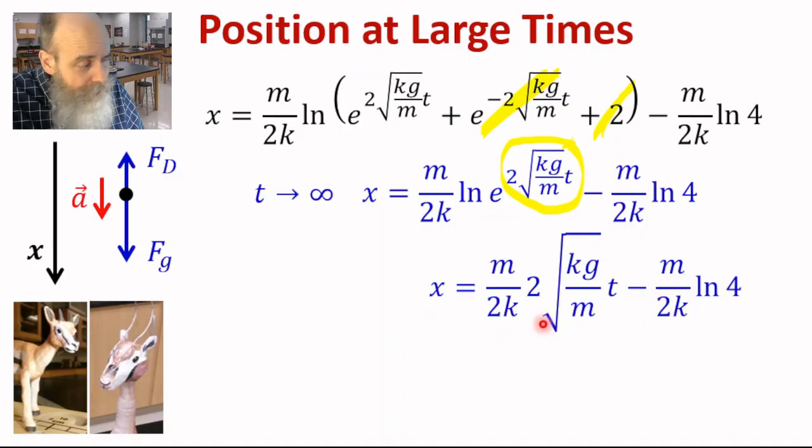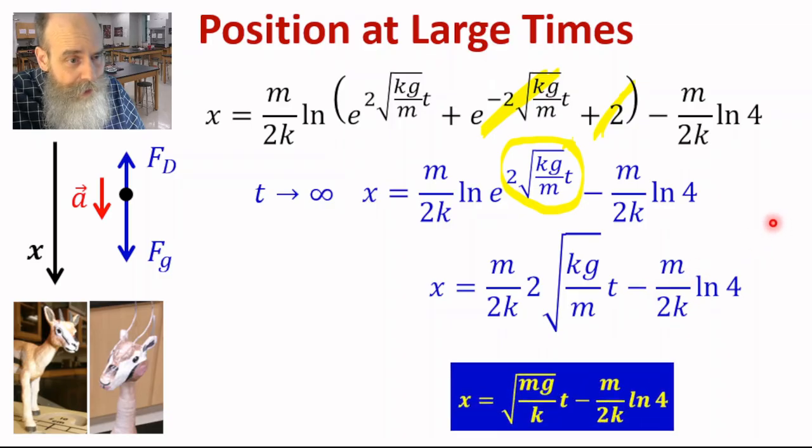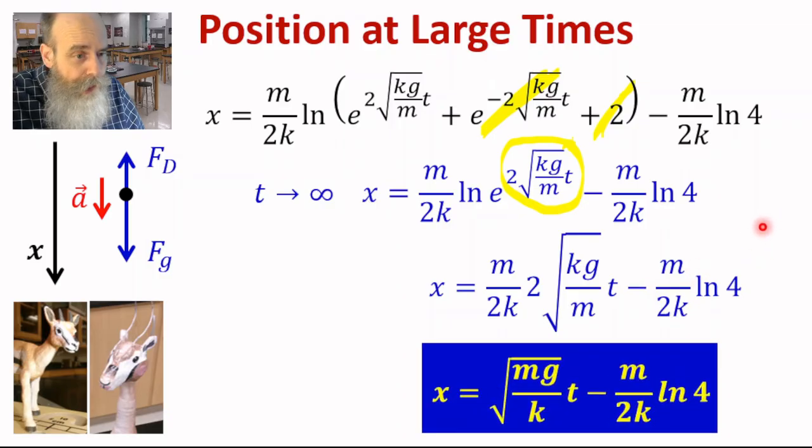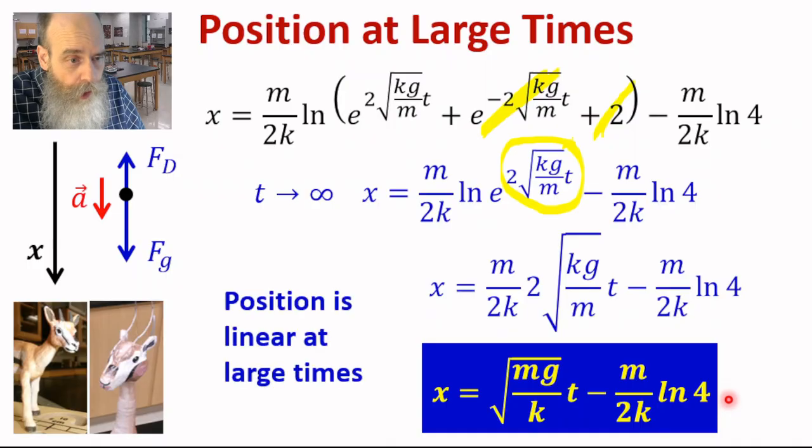Let's simplify this, and we finally get x equals square root mg over k times t minus m over 2k ln 4. So, at large times, the position is linear. Linear position means, take that derivative, you get a constant velocity, which is what we expect at large times. It's moving at the constant terminal velocity. And the coefficient of t is the terminal velocity. So the terminal velocity is square root mg over k.